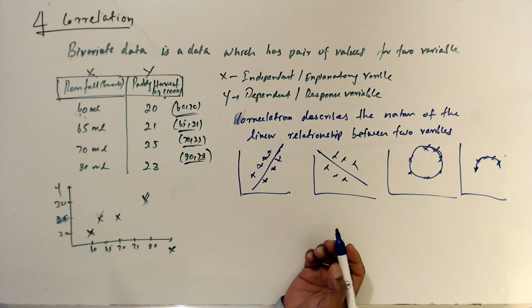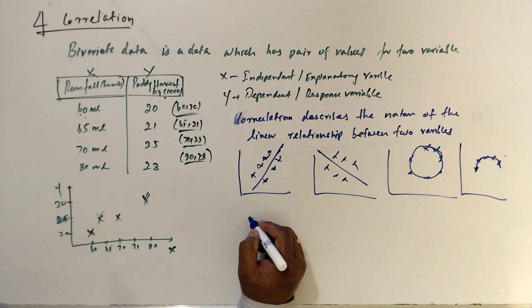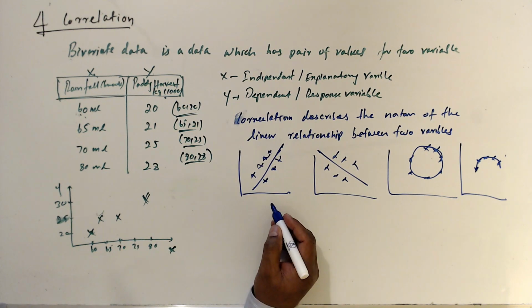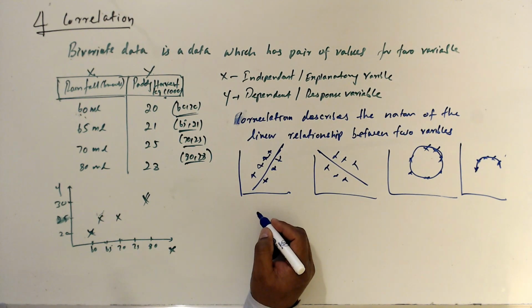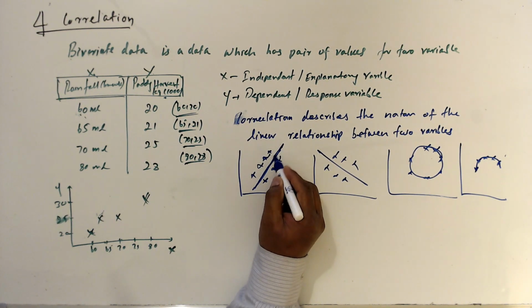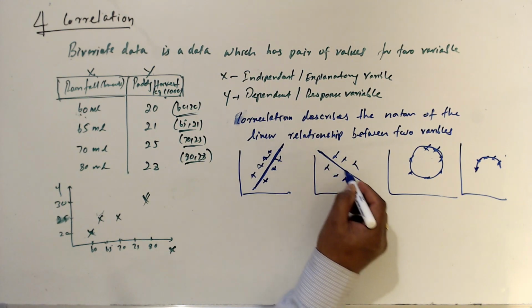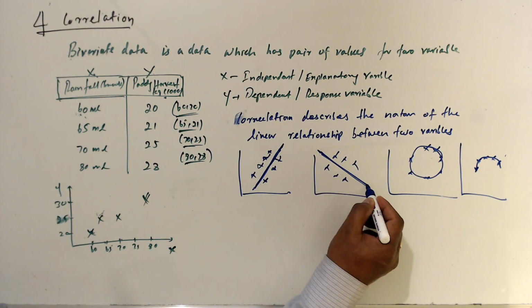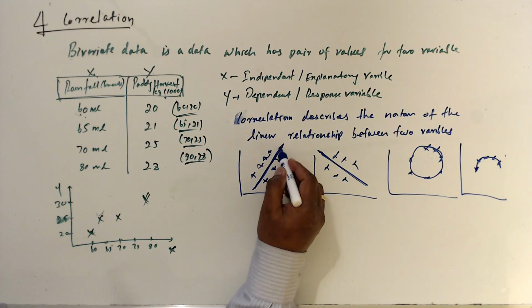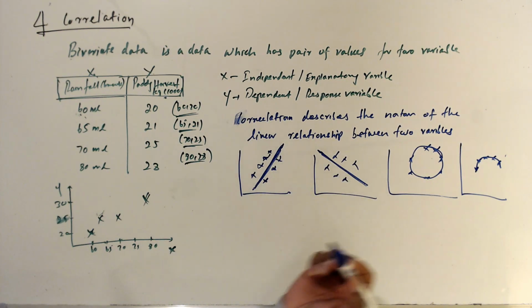When you consider a line, one feature of a line is the gradient. In that case, we can say this is a positive gradient and this is a negative gradient. Because of that, this is positively correlated and this is negatively correlated.